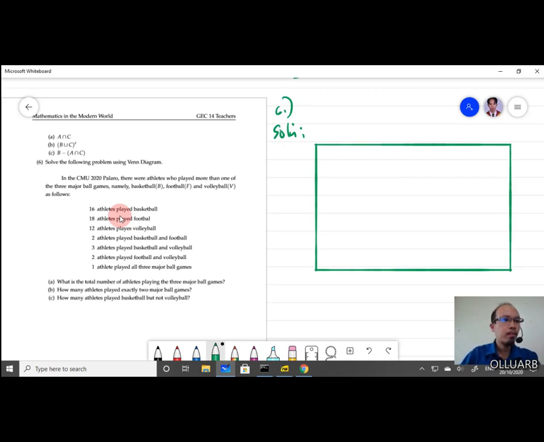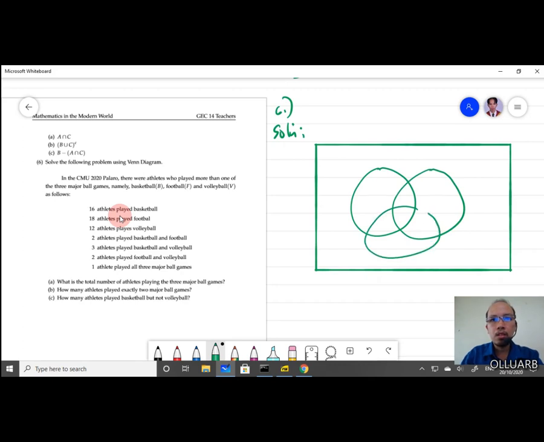Okay, so it says here, our set is B, F, and V. So this is set P, basketball, football, and volleyball. So first, start at the bottom and then move upward.